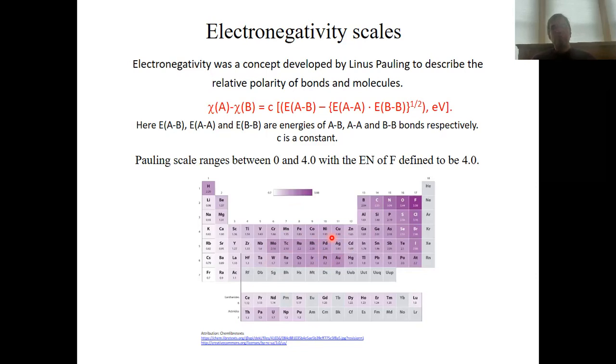In fact, some transition metal elements of the sixth group can actually have quite high electronegativity values. So gold is the transition metal with the highest electronegativity value. It has an electronegativity value of about 2.4.